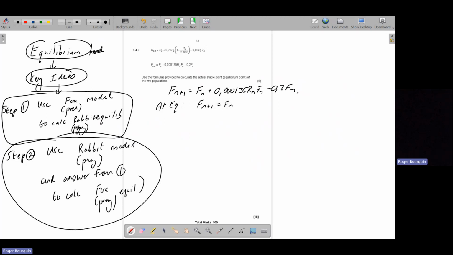So you're going to end up with Fn is equal to Fn + 0,00135 Rn Fn − 0,2 Fn. Okay, those Fn's will cancel out. So you'll get 0,2 Fn is equal to 0,00135 Rn Fn. Those Fn's then cancel.